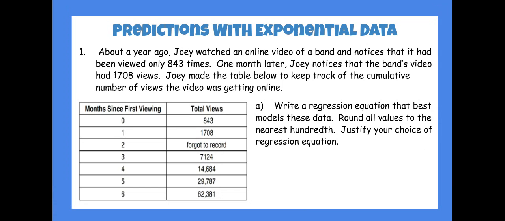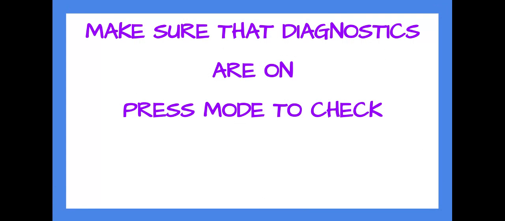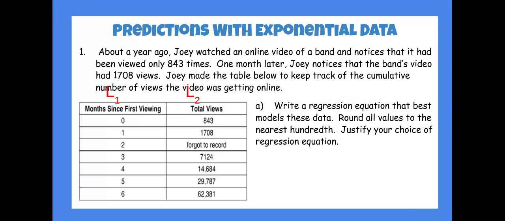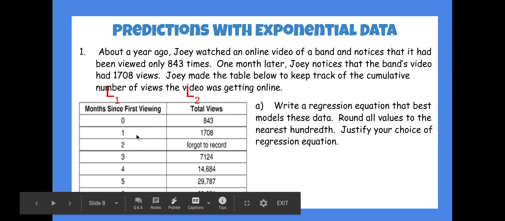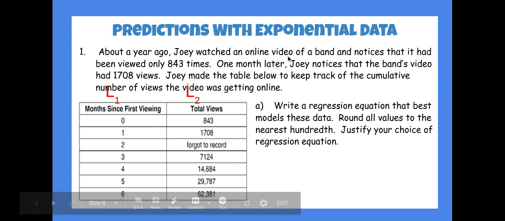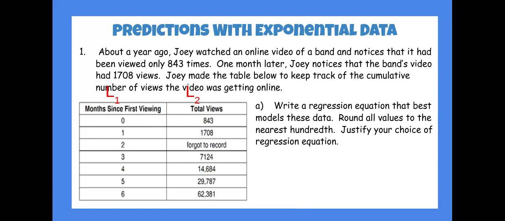First, make sure your diagnostics are on when you press mode and check. I know we said that before, but just make sure it's on now. Then we plug the data into list 1 and list 2, and for those of you that didn't listen, we're skipping over 2 when you plug it in. So on your paper, make sure you plug into list 1 and list 2. Pause the video as you do that.